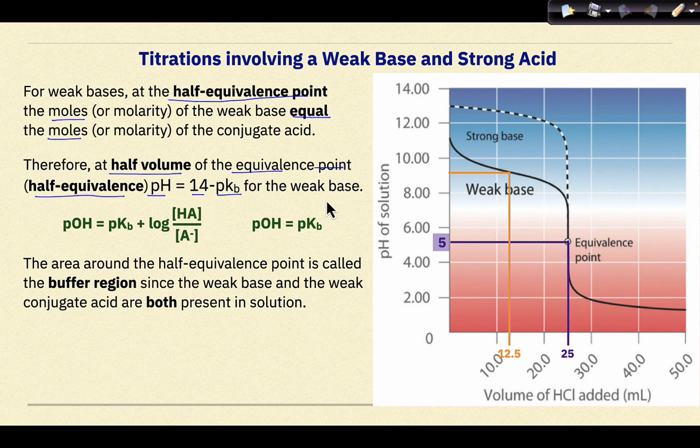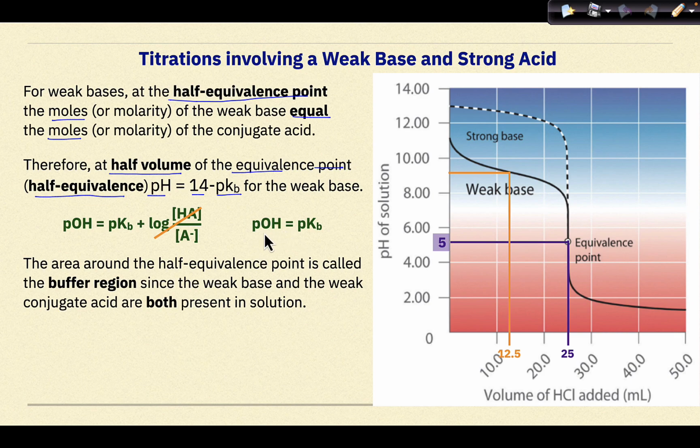So if we look at this version of the Henderson-Hasselbalch equation, which has been rewritten to reflect pOH and not pH, we have pOH is equal to pKb plus the log of the concentration of the weak acid over the concentration of the weak base. When these two concentrations are equal to each other, this portion of the equation is removed and pOH is equal to pKb, as we can see right here.